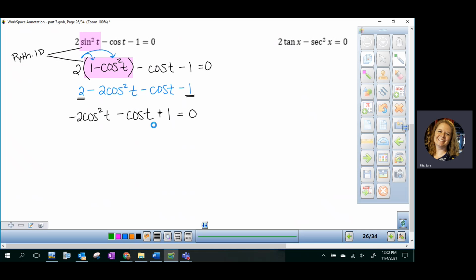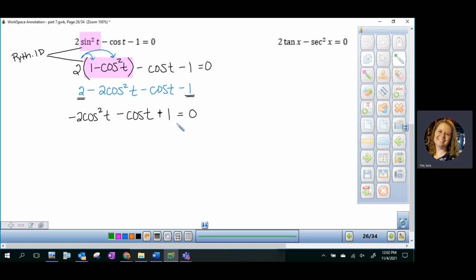Would the same thing happen if I just divided everything by -1? It would. Dividing by -1 wouldn't change any numbers, it would just change the signs. And as long as I do to one side what I do to the other, I can do that. And what would happen to the 0 if I divided by a -1? It stays 0. Okay, so whichever one of those methods makes more sense to you, it comes out the same.